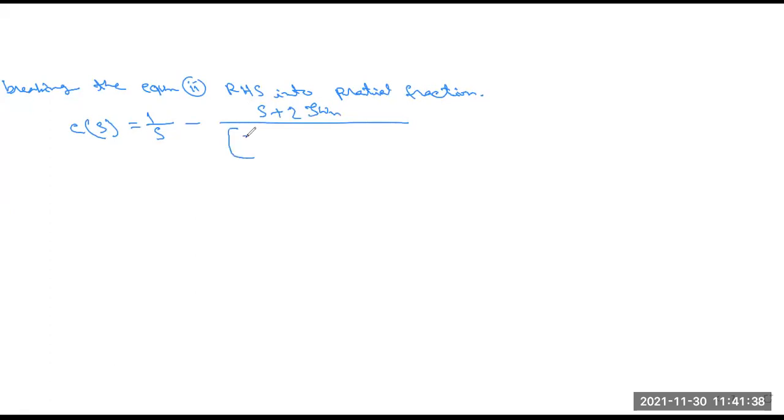We have to change this equation because in the previous slide we know this is (s plus zeta omega n) whole square plus omega n square into 1 minus zeta square. Okay, this part we changed in the previous slide also. So this is basically equation 3 we are naming.